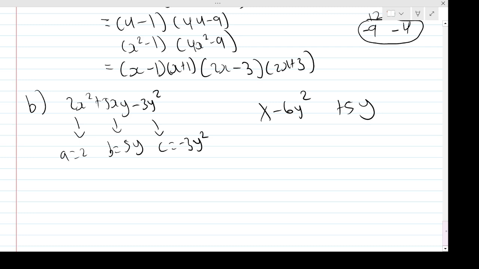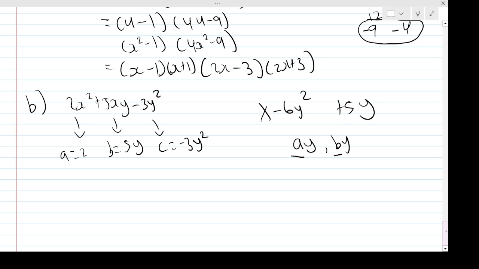Okay, how is that going to look then? Well, I think the best way is to consider, what if we had numbers ay and by instead of just a and b? So two numbers that add to give 5y. In other words, the coefficients a and b would give us 5.